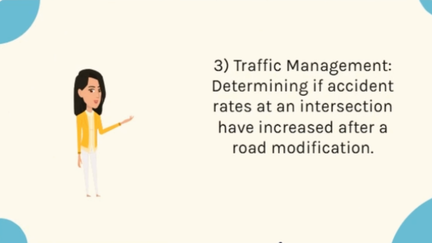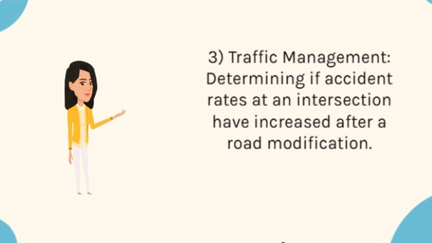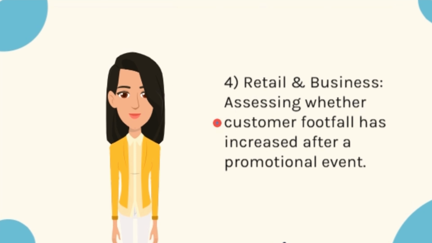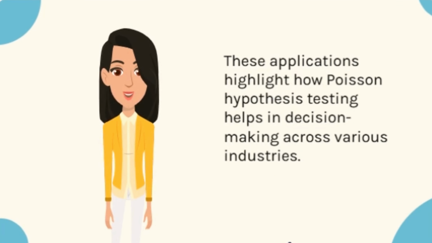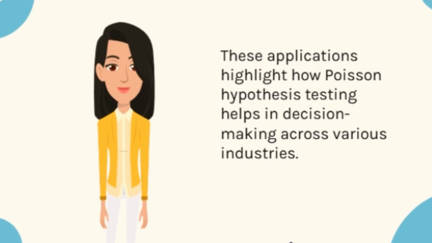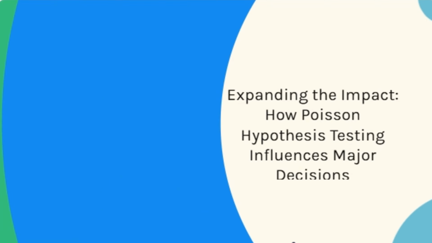Traffic management: determining if accident rates at an intersection have increased after a road modification. Retail and business: assessing whether customer footfall has increased after a promotional event. These applications highlight how Poisson hypothesis testing helps in decision making across various industries.